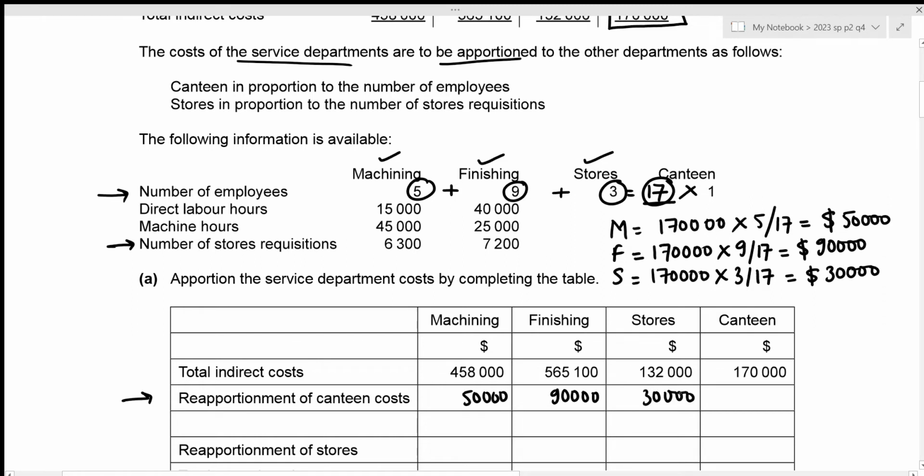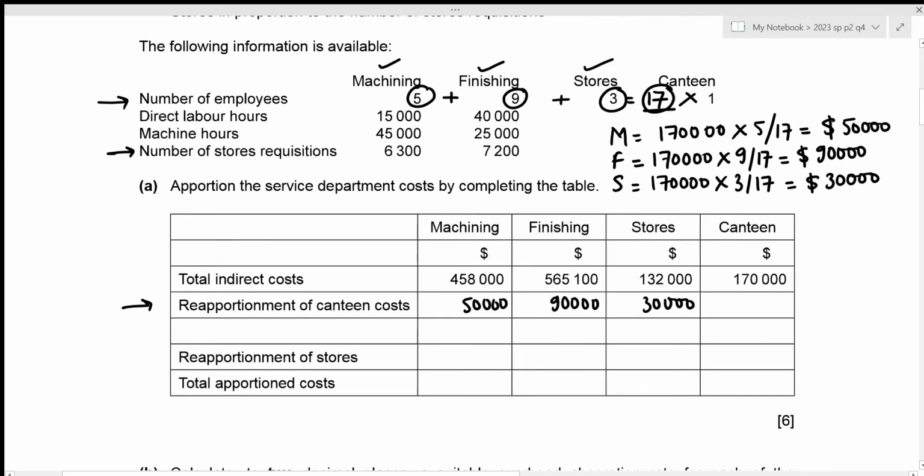And now we just need to total our indirect costs for machining, finishing, and stores department. One thing we should not forget is to subtract the same amount from canteen, since we have divided this amount into these 3 other departments. So we need to deduct the same amount from the canteen, right? So that's 170,000, but in a bracket. Now let's total these 2 rows for all 4 departments.